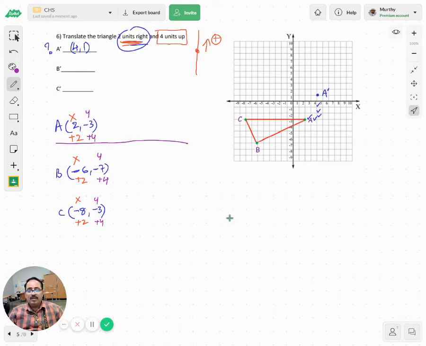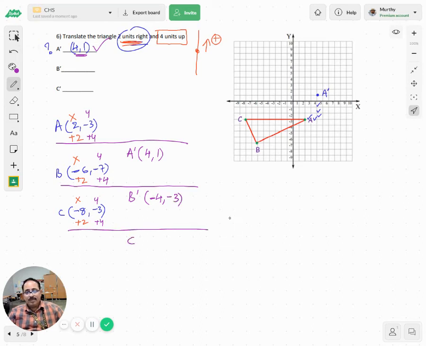Okay, then your A prime will be 2 plus 2 is 4 and -3 +4, that gives you 1. Actually the same thing you got here. Either you can count the number of blocks or else you can do these kind of calculations. When it comes to B prime, -6 plus 2, that gives me -4, -7 +4, that gives me -3.